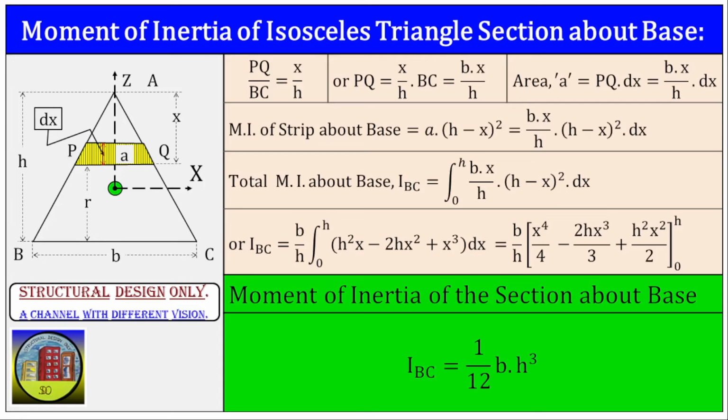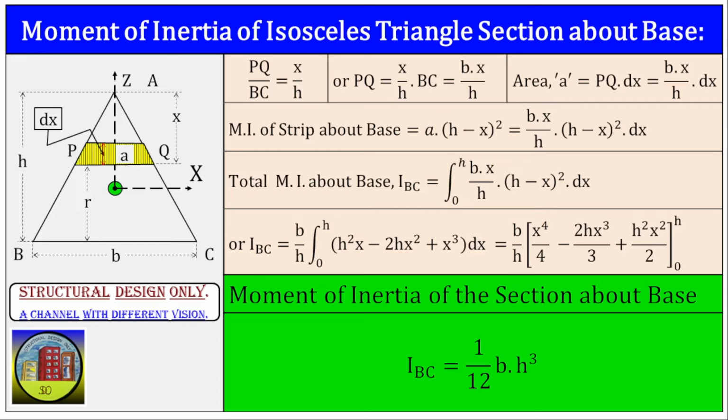Say the area of the strip equals a, and a equals pq into dx, which equals b into x into dx by h. Therefore the moment of inertia of the yellow hatched area about the base of the triangle, I base, equals a into r square, where r equals h minus x.